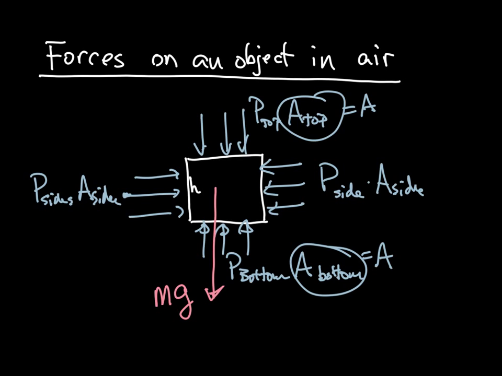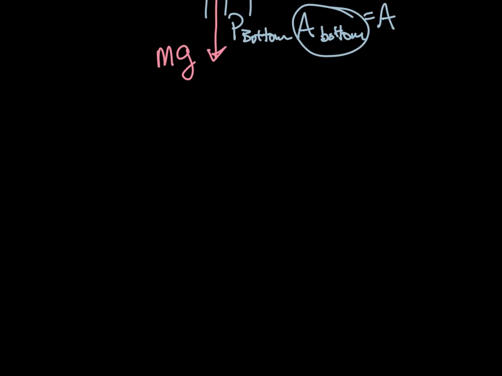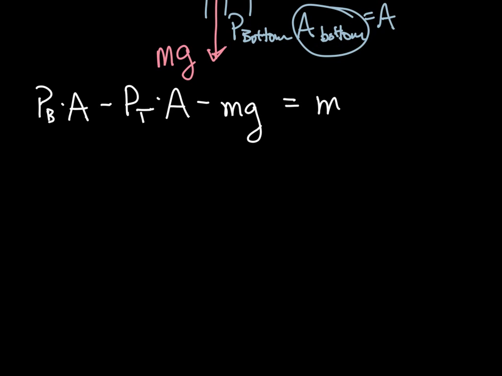So if I write down Newton's second law on this object, I'm going to get that the pressure on the bottom times the area minus the pressure on the top times the area minus mg will equal the mass of that object times its acceleration.